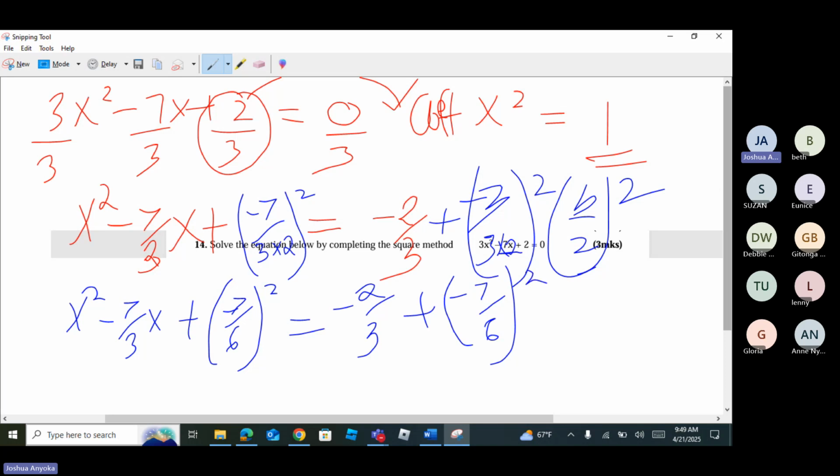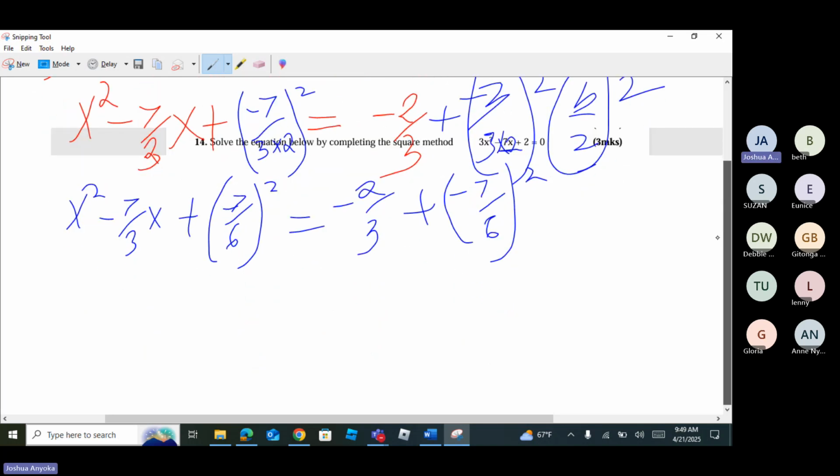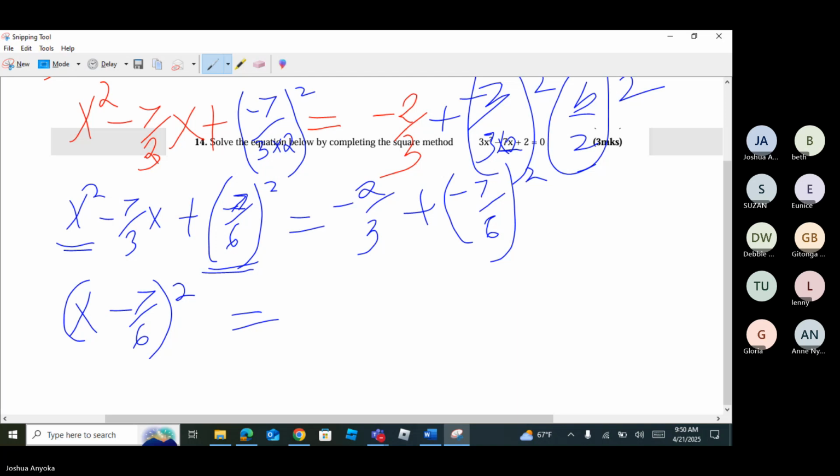That's on evaluation. Then we take the square root of the first term, x; we take the number inside the brackets, negative 7 over 6, then squared equals negative 2 over 3 plus 49 over 36.